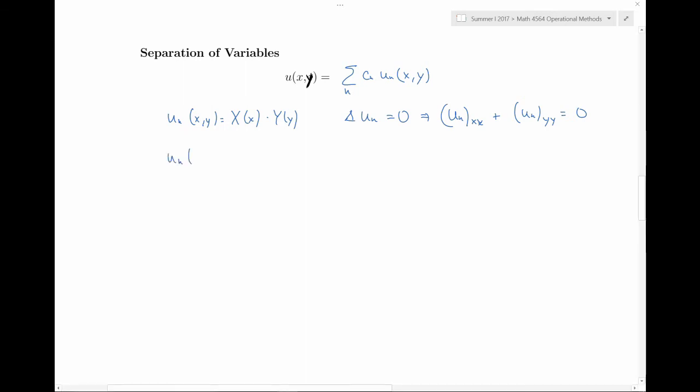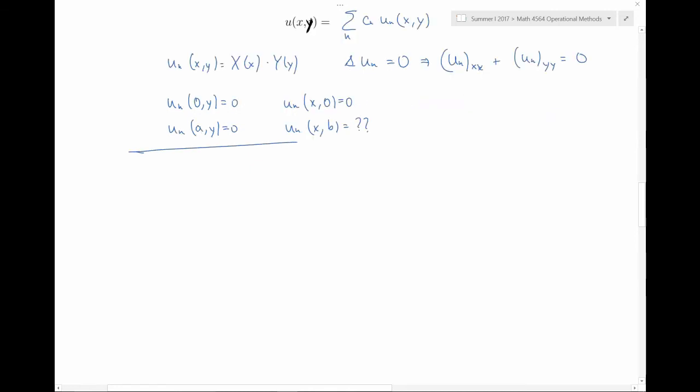So u sub n at x equals 0 is 0. U sub n at x equals a is 0. U sub n at y equals 0 is 0. And u sub n at y equals b is something we're not going to specify.